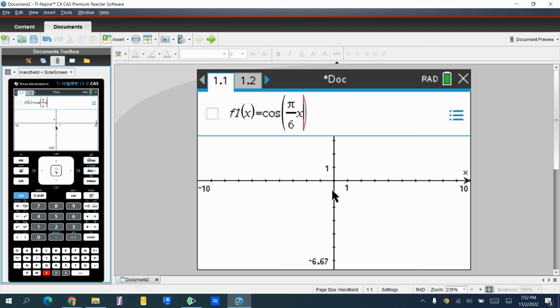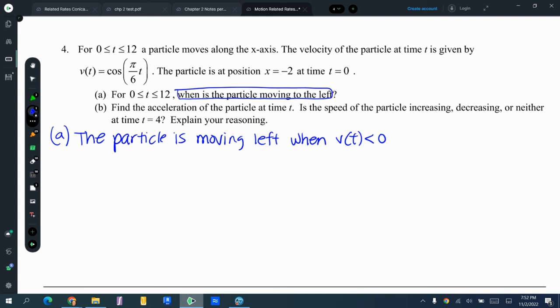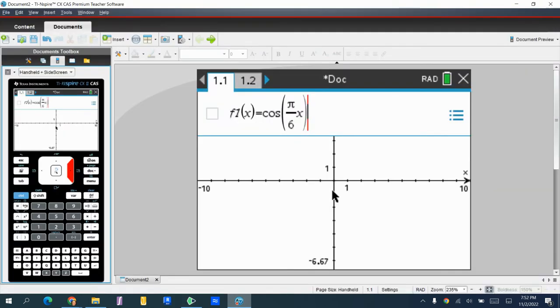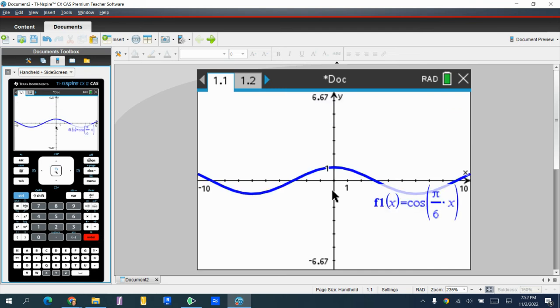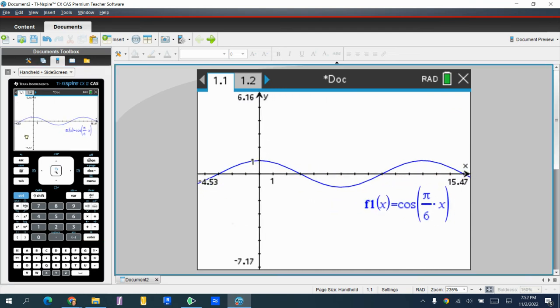Now, our calculator uses x's, so I'm going to use an x. Don't want to confuse it by putting in a variable that it doesn't understand, because this is f1 of x, so be consistent. And that's it, cosine of pi over 6 times t. So I'm going to go ahead and graph that guy. And we'll move it over a little bit.